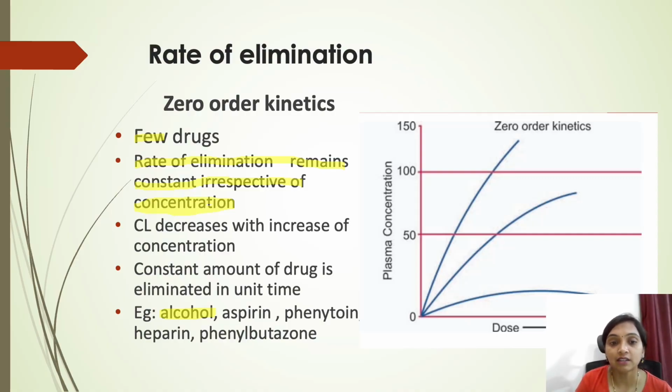So that is why the clearance here decreases with increasing dose. Increasing the dose or plasma concentration results in accumulation of the drug. If I fix an amount like 50 milligram, whether you administer 100 milligram or 1000 milligram, only 50 milligram is excreted.